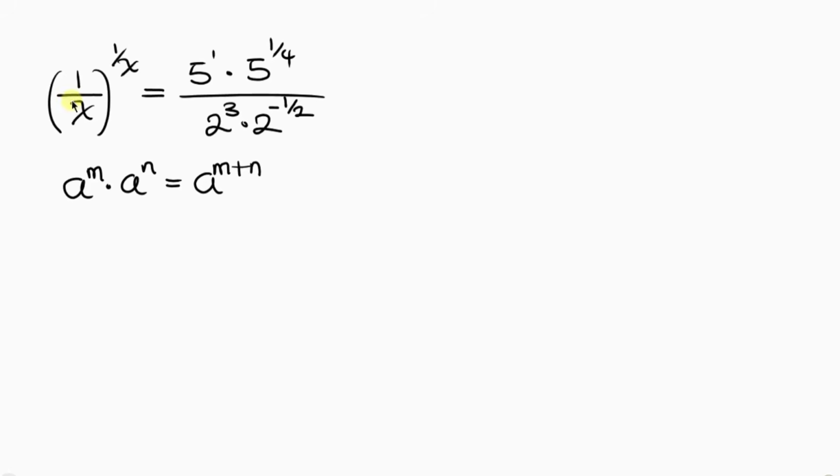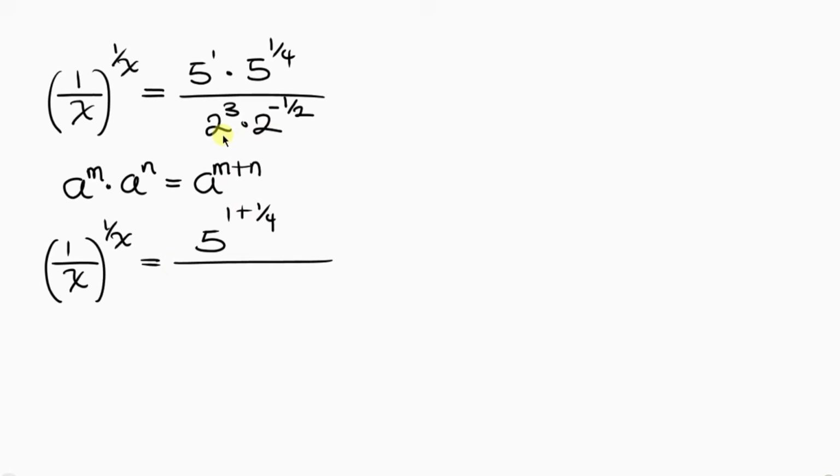So this becomes, the left hand side is 1 over x all raised to the power of 1 over x. This is equal to, now we'll take one of the bases, we'll take 5, then we add the powers, so 1 plus 1 over 4, all over.